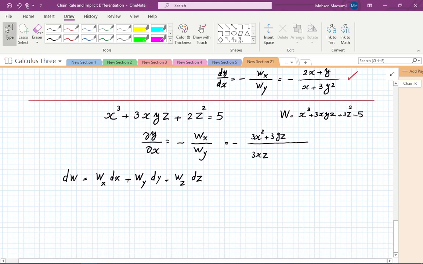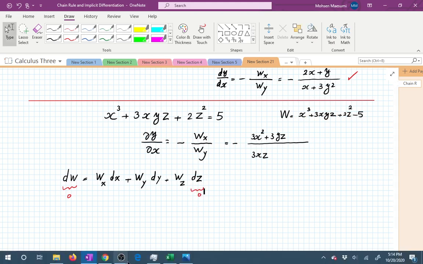Okay, now let's say w is fixed. Why w to be fixed? Because we want to be on that surface. If w is fixed, then dw will be 0. Moreover, you are holding z also fixed, so this also is fixed. So let me show you again.